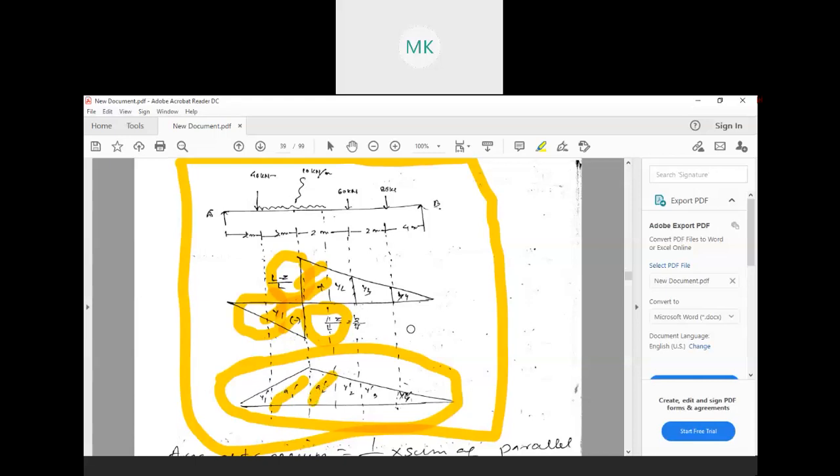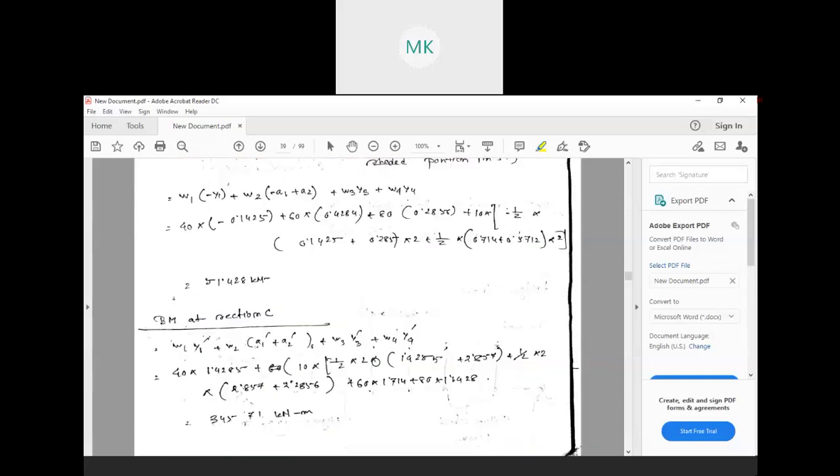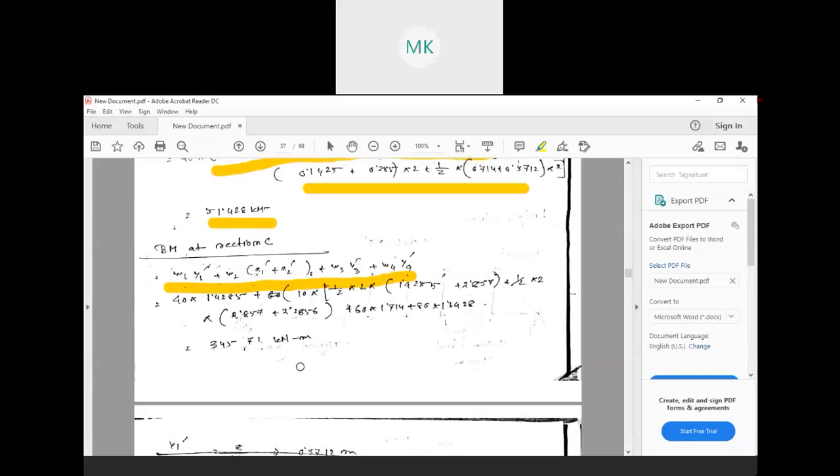Okay, and one thing you remember: when you calculate y1, y2, y3, y4, you should use this diagram. And when you use y1 dash, y2 dash, y3 dash, and y4 dash, you use this diagram. So after finding all these things, you put all the values here again, and after finding all the values, you can easily find the bending moment at that point.